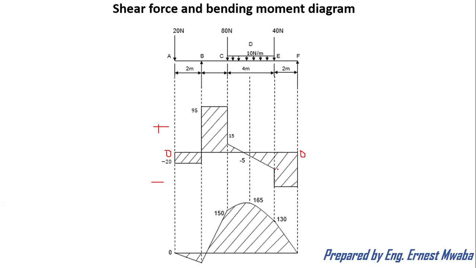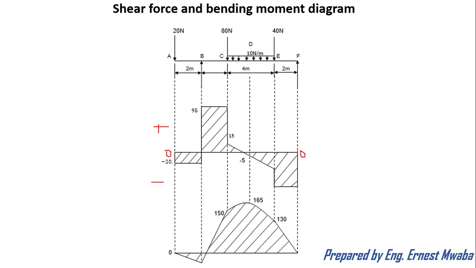Same thing for the bending moments, we're moving point by point. At point A, we had 0. After you get those, it's just about closing the boundaries where the numbers are. There, there, there. And where we have two numbers, we plot them like that. The first number and the second number.